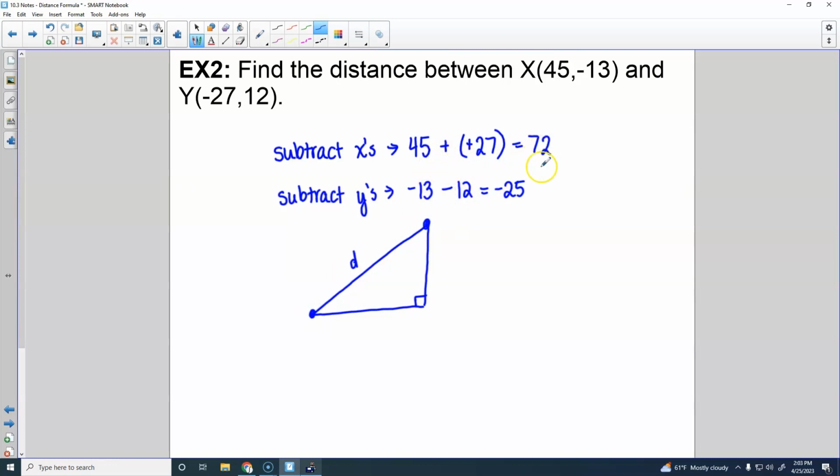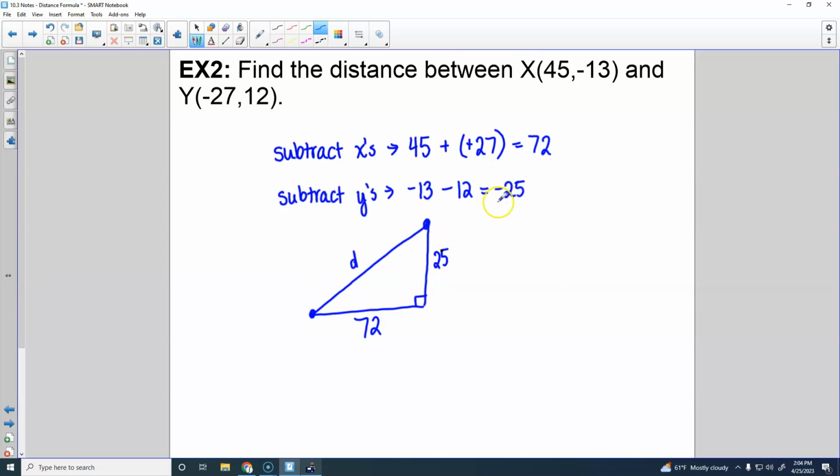The x's, that's our horizontal distance, that'd be 72 here. The y's, I'm getting negative 25, but really, honestly, you can just erase the negative if you want, because by the time you square it, it's not going to make a difference, right? So that vertical distance right there would be 25.